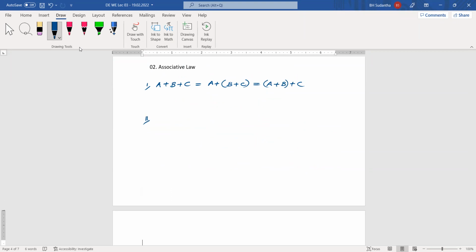It also has a second part, which is for the AND operation. Okay, shall we do two sets of diagrams to show this one? Can you try it first?